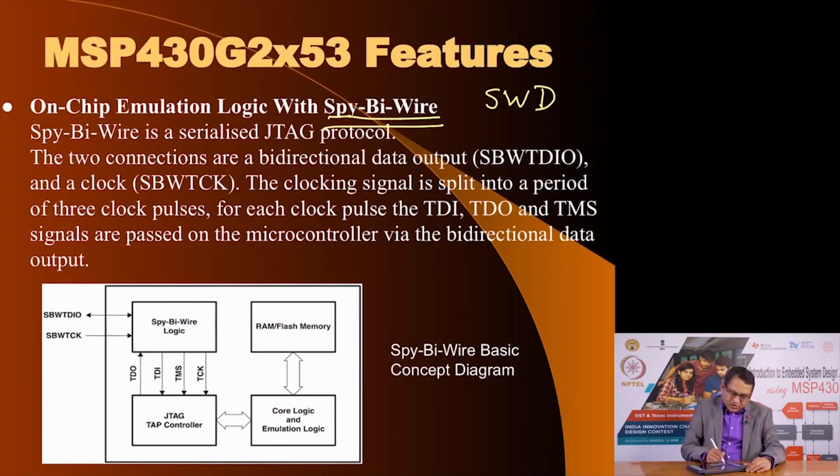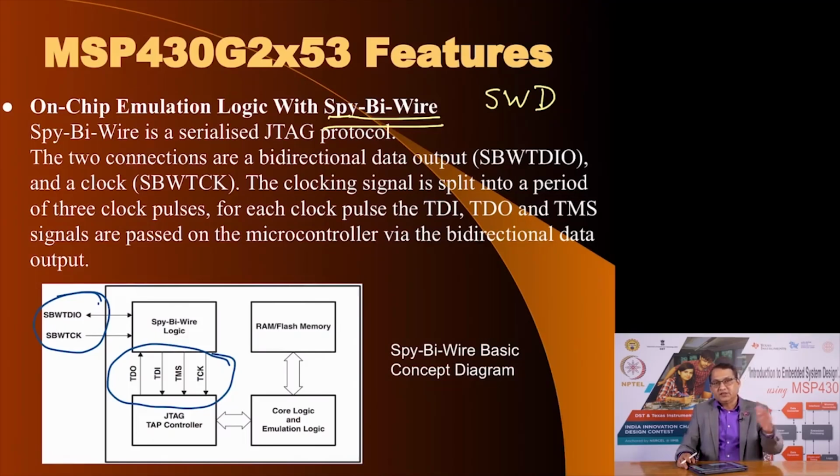As you see, using 2 external pins here, it connects to the internal Spy-Bi-Wire logic, and from there it recreates the standard JTAG interface, which allows it to connect to the core logic and memory, which is utilized when you want to debug your program: after this instruction is executed, what is the result of that instruction, what is the content of a given register.